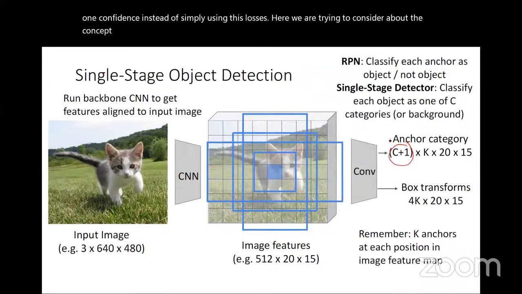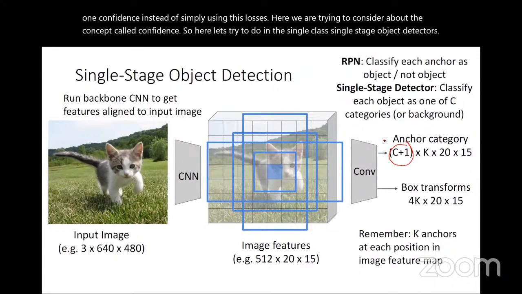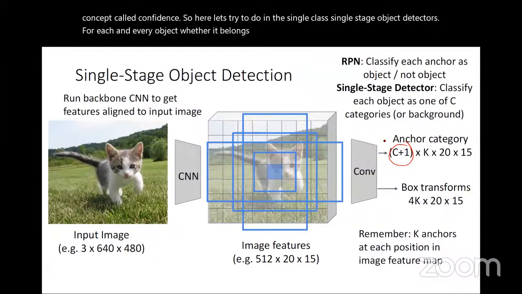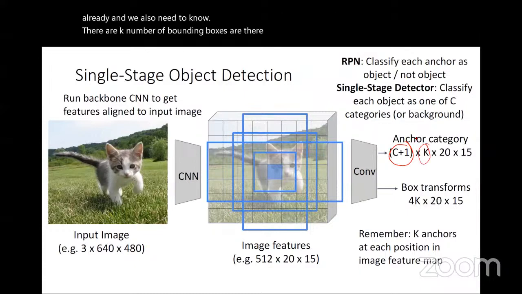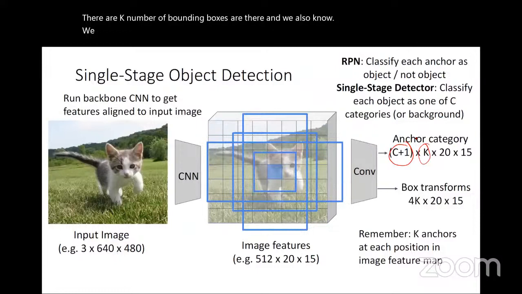So here let's try to do it in the single stage object detectors. For each and every object, whether it belongs to the foreground or background, we knew it already. And we also need to know there are k number of bounding boxes, and we also know we have c number of categories, that is, types of objects. Cat dog classification, there are 2 objects.